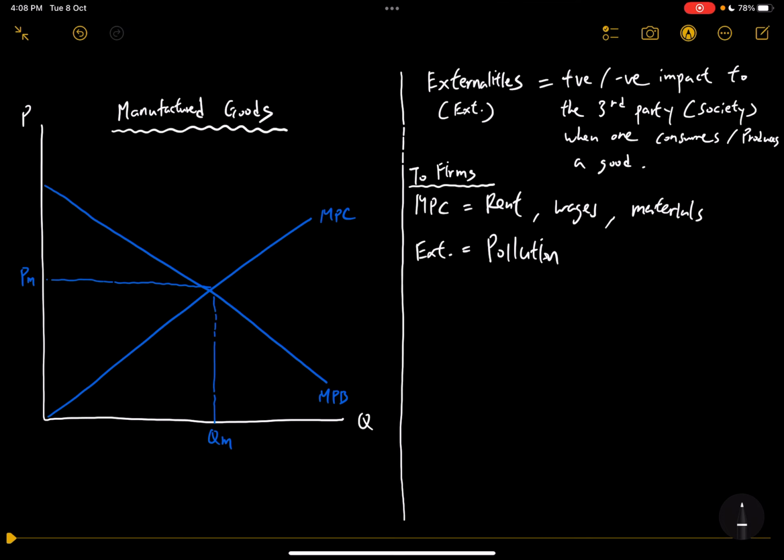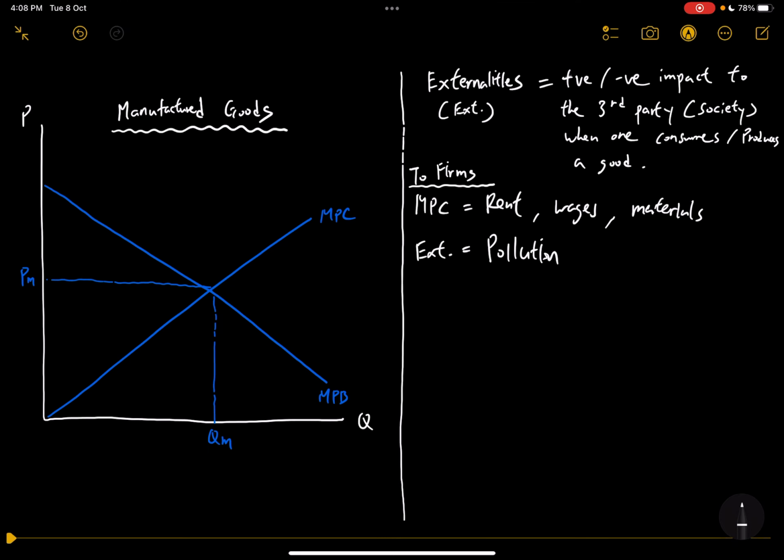So now let's pause and think about it. Which element do these firms care about the most? Private costs. Do you think the firms would care? Well, for sure, because that would affect their profits.